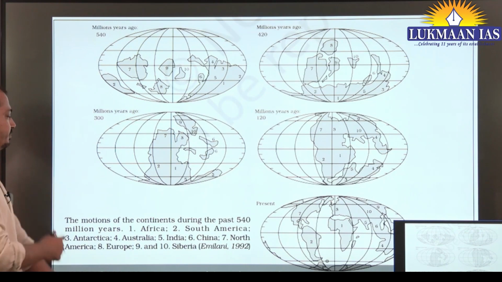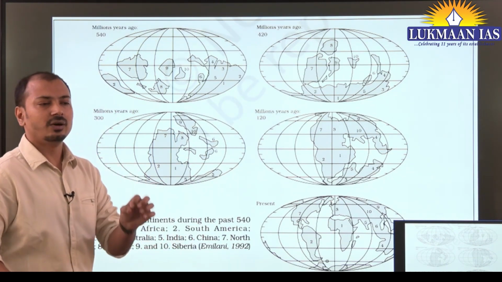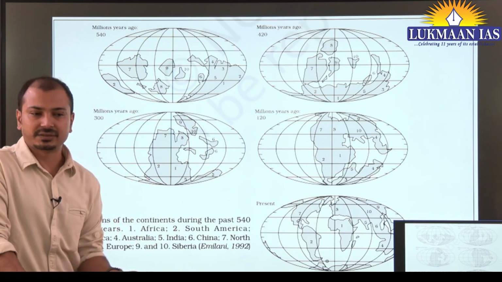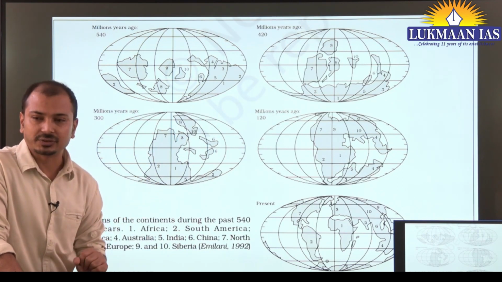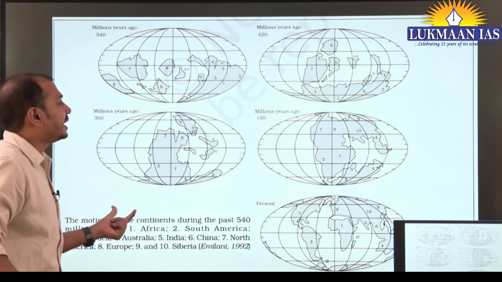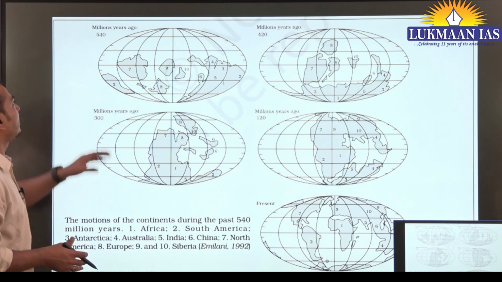What CDT, continental drift theory, had said was that Pangea was there 200 million years ago, but it was not able to explain what was before that. This was a limitation. PTT explains what happened before 200 million years ago also.